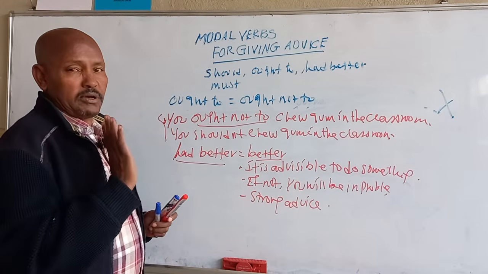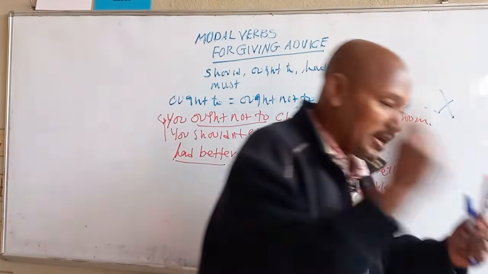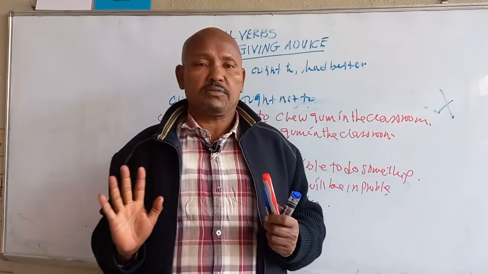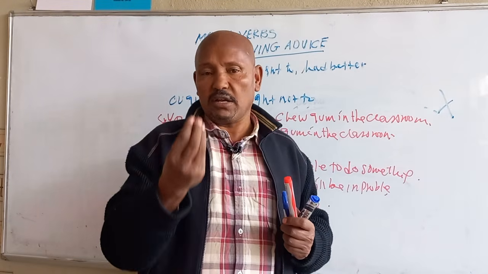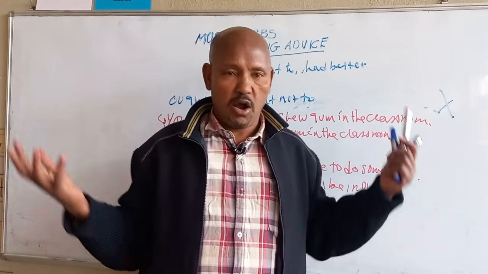If not, you will be in trouble. It is a strong advice. Had better means it is advisable, suggestible to do something. If you do not do that, you'll be in trouble. So we can say it is strong advice, somehow a higher degree than that of should and ought to.